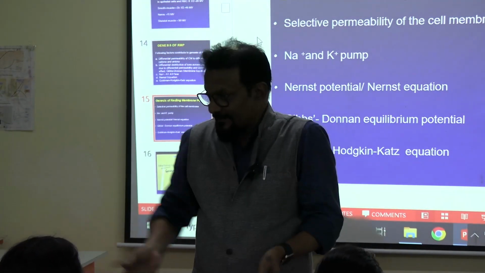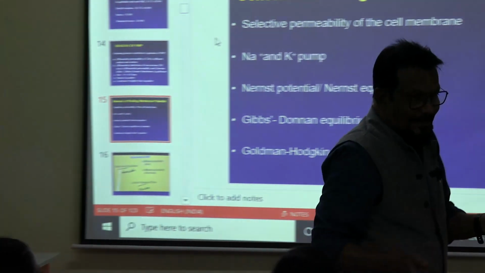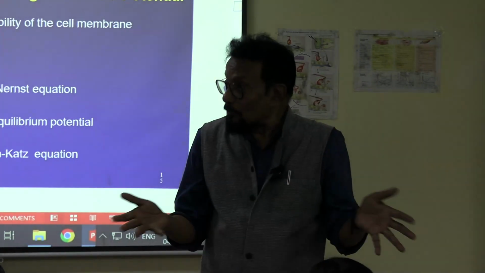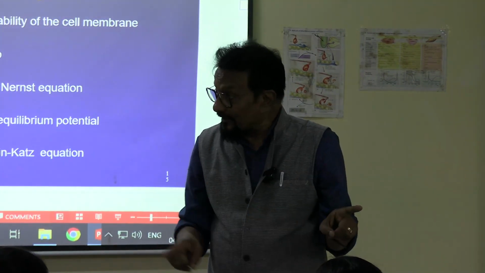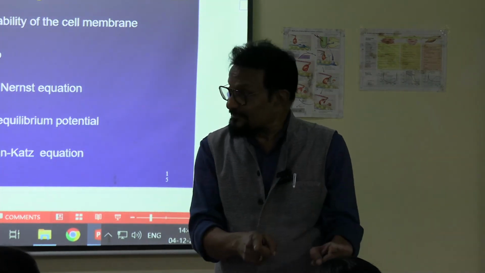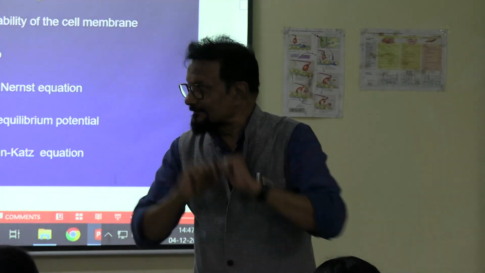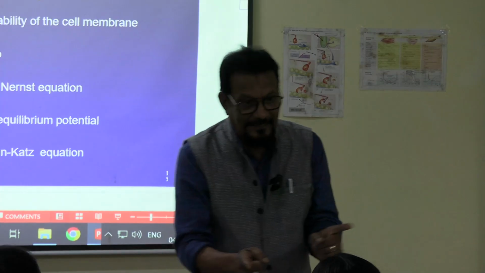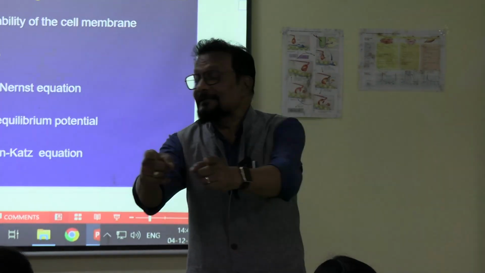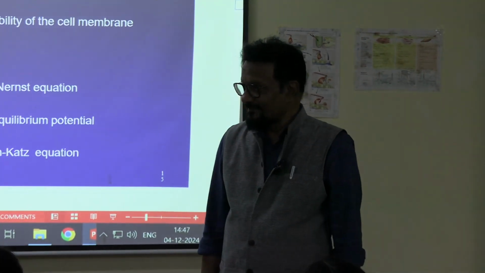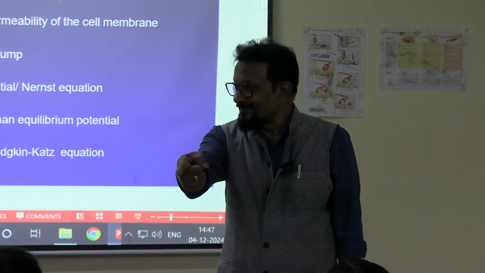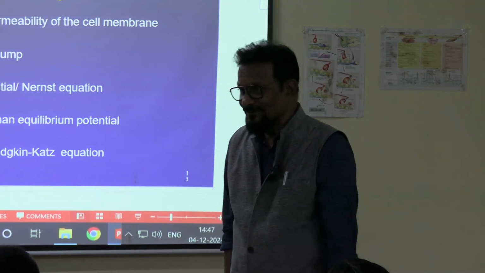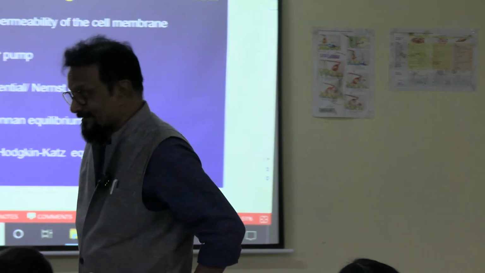Hydrated layer is there. So the hydrated layer of sodium is much more, and the hydrated layer of potassium is less. As a result, the effective diameter of the sodium ion is more than that of potassium. As a consequence, sodium cannot travel easily, while potassium can travel easily, though its atomic weight is more.